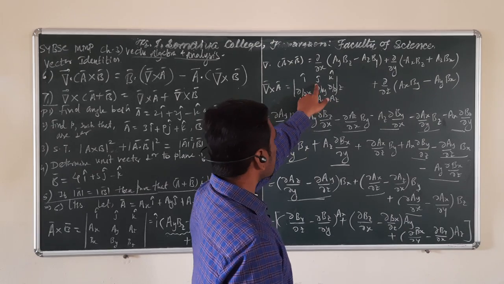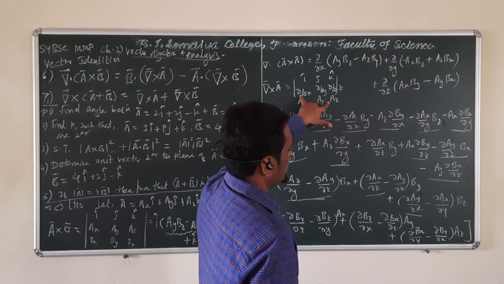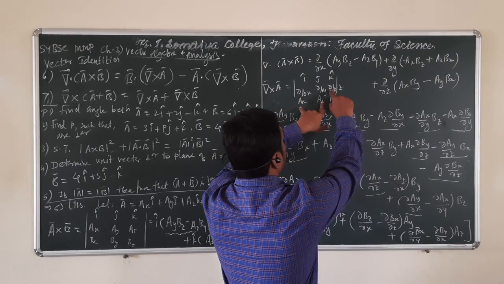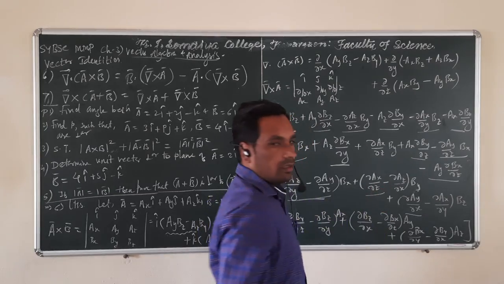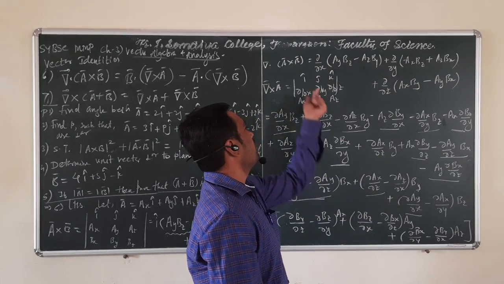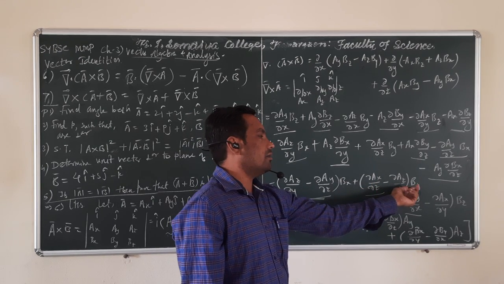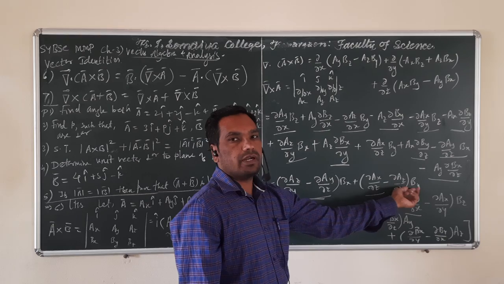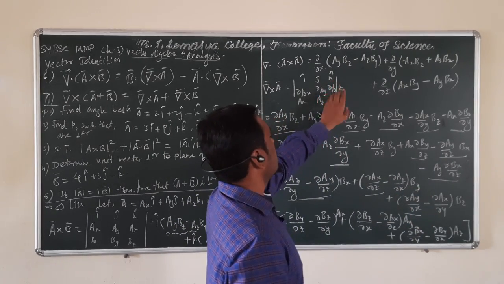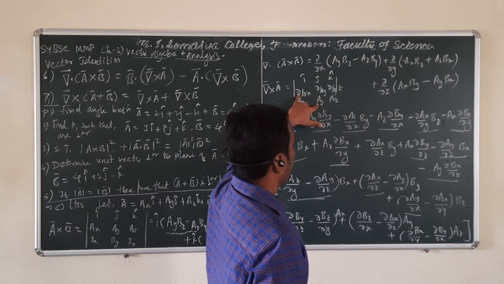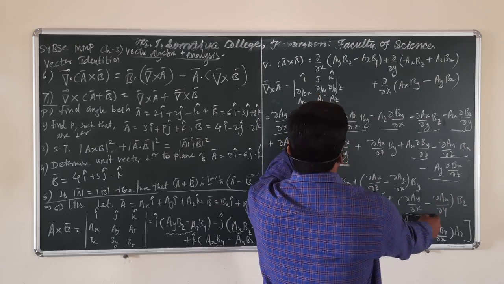See, for j cap, minus j cap into partial derivative of az with respect to x, and minus partial derivative of ax with respect to z. So this term is the j cap coefficient of del cross A, and we are multiplying it with the j component of vector B. Similarly, this is the k coefficient: partial derivative of ay with respect to x minus partial derivative of ax with respect to y.